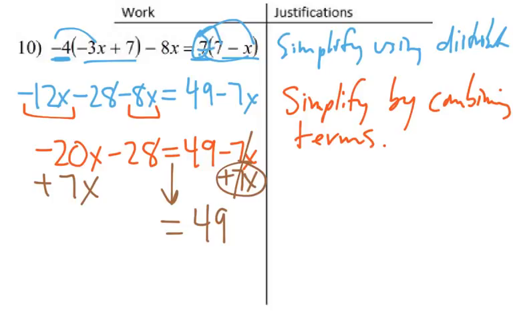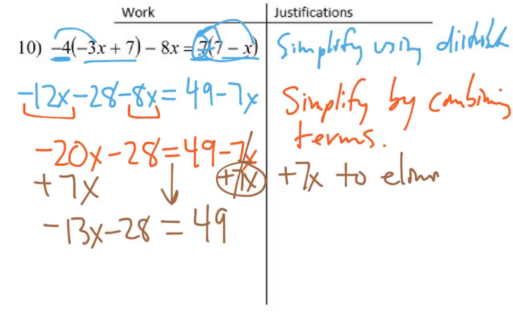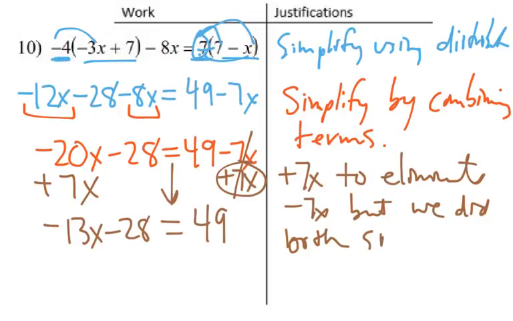So negative 20 plus 7 is negative 13x. Why can we do that? Well, we added 7x to both sides, using the addition property of equality to be technical. But we added 7x to eliminate the negative 7x. But we did it to both sides to maintain the equality.